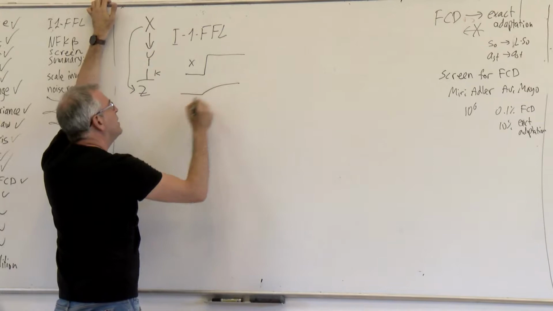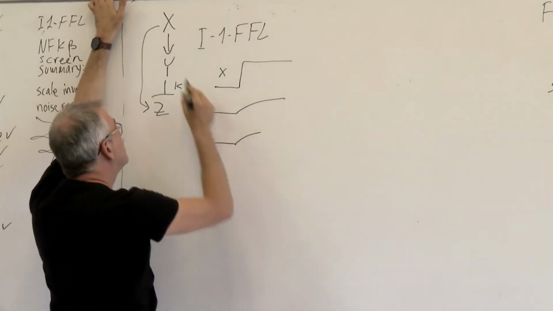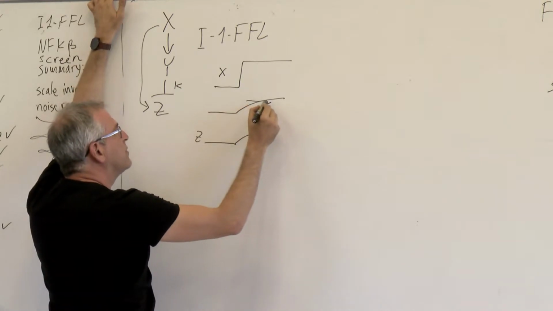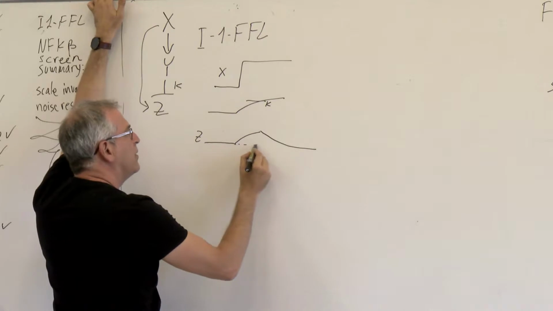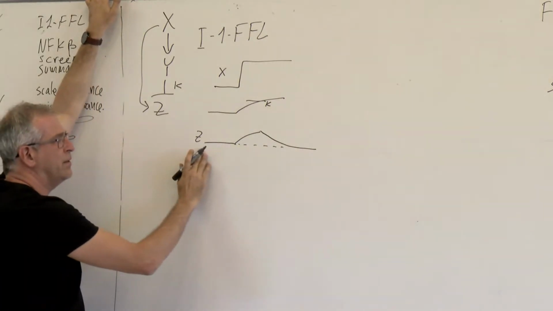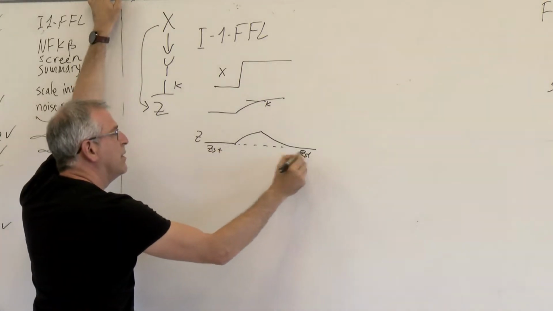Y starts being made. Z starts being made. But then when Y crosses this threshold, it represses Z. And I claim that we can get exact adaptation. So this is Z steady state, Z steady state. And you get a pulse like that.